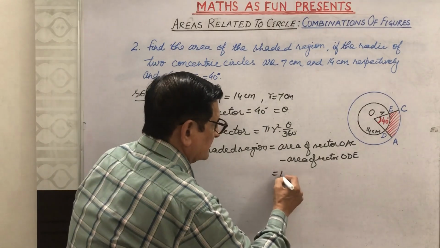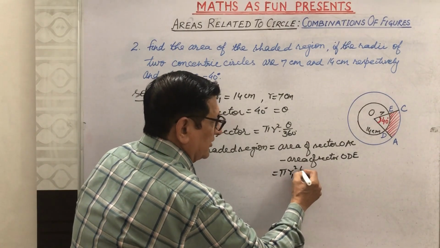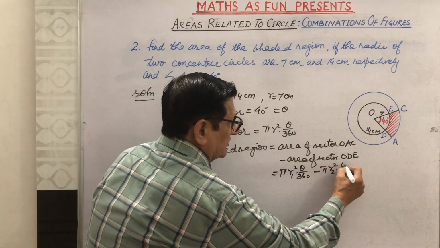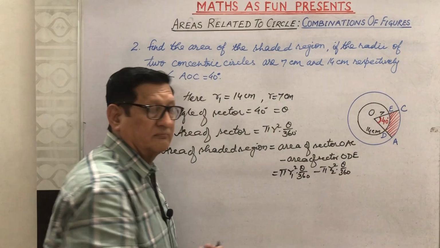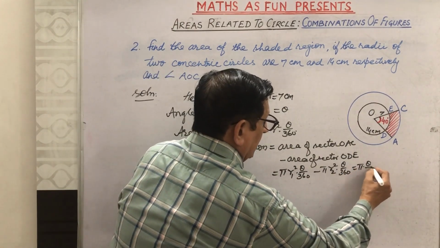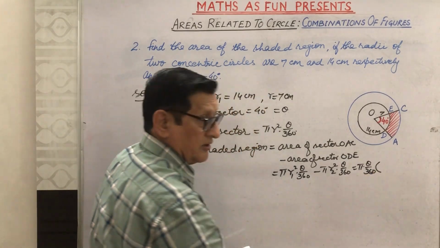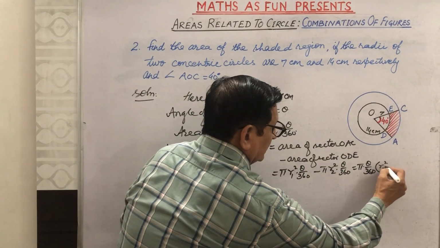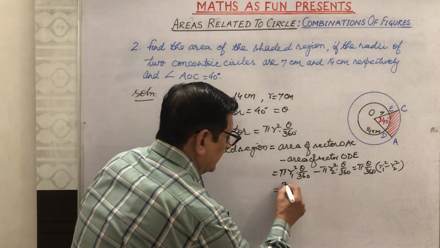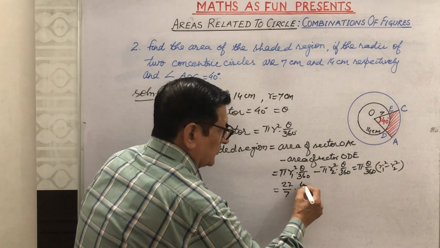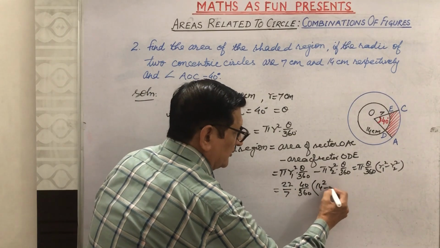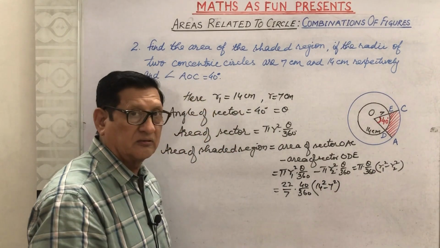We can write this as pi r1 square into theta upon 360 minus pi r2 square into theta upon 360. If we take pi into theta upon 360 common, we will be getting here r1 square minus r2 square. Substituting the values here, we get 22 by 7 into 40 upon 360 into 14 square minus 7 square.